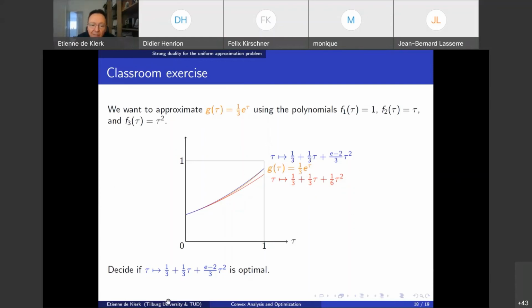On the one side we have a feasible solution, this function. And on the dual side, we have to find a suitable pair of non-negative measures such that the duality gap is 0, and then we will know that it's optimal, or maybe it's not. I don't even know for sure, but we're going to figure this out.